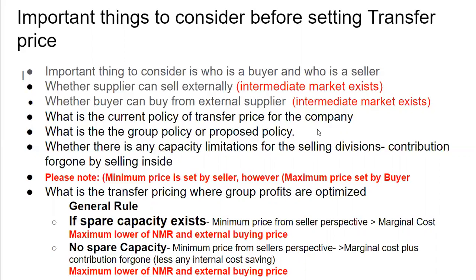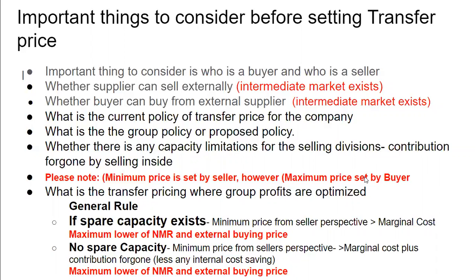Maybe now they would just go for an optimum transfer price. That is, what is the optimum transfer price where the transaction would be just like an arm's length transaction, as if it was occurring in an open market.